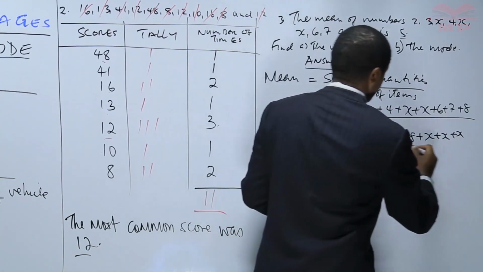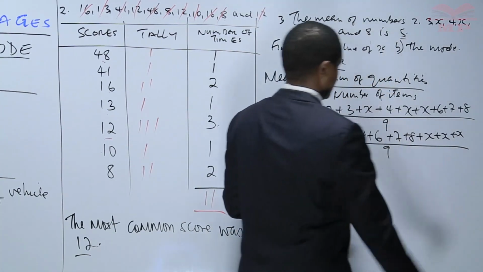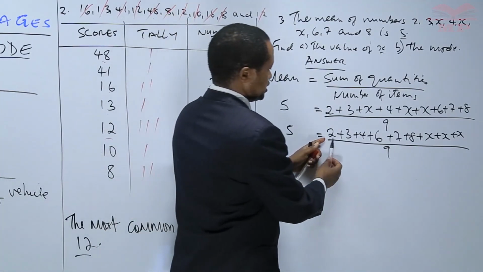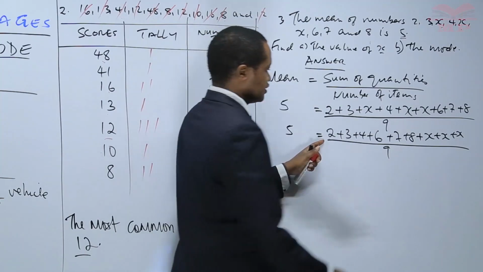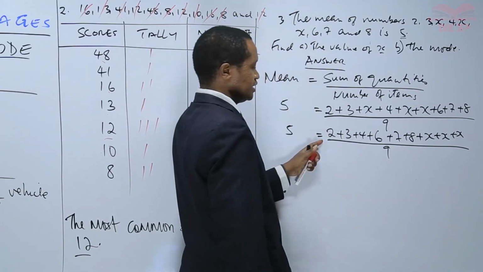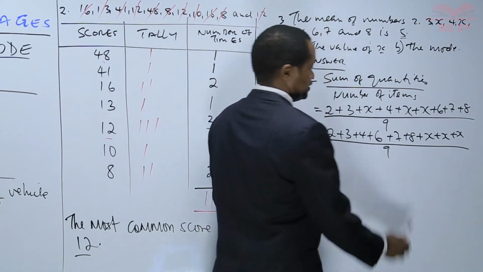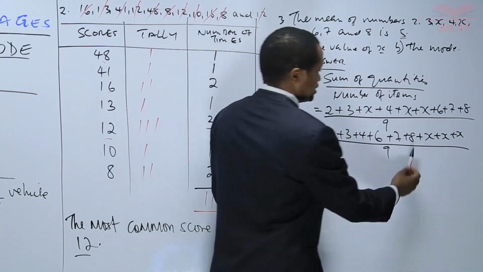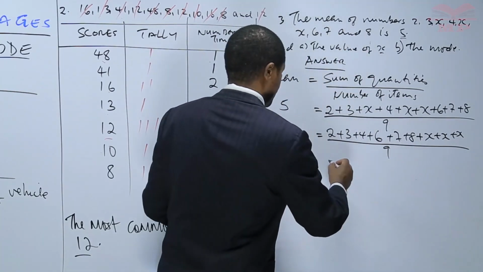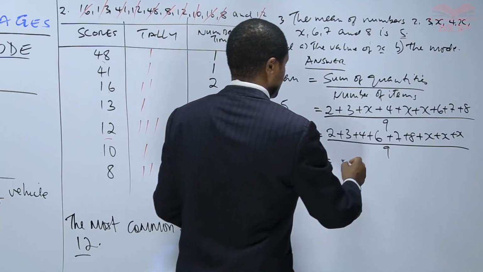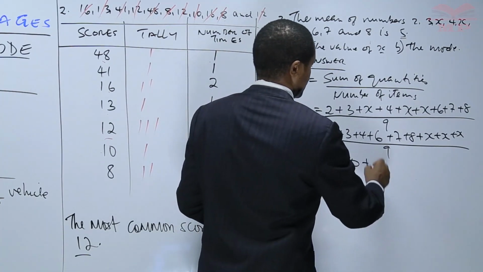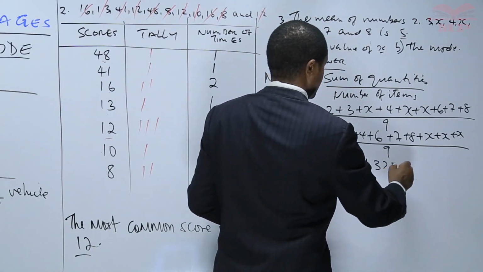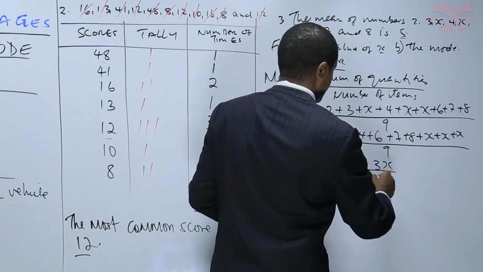We divide this by 9. So 2 plus 3 is equal to 5. 5 plus 4 is equal to 9. 9 plus 6 is equal to 15. 15 plus 7 is equal to 22. 22 plus 8 will give us 30. So 5 is equal to 30 plus x plus x plus x, which is 3x, divided by 9.